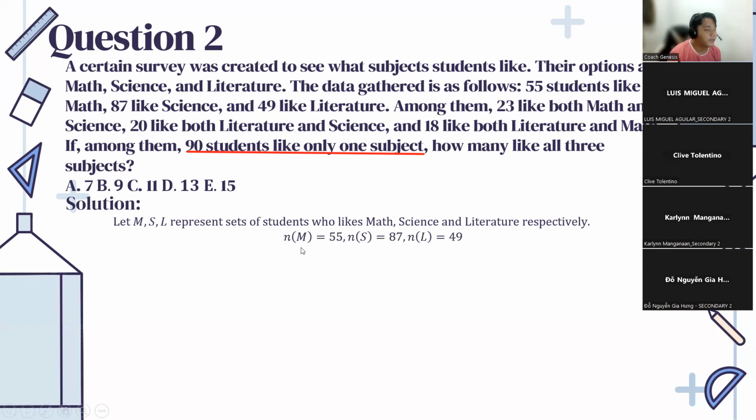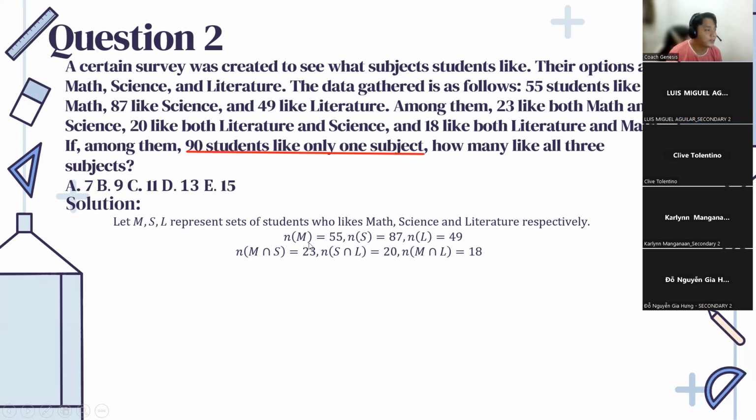So here we have n of m is 55, n of s is 87, and n of l is 49. So n means the number of students. So n of m and s, so math and science, is equal to 23. So these are just the given values.